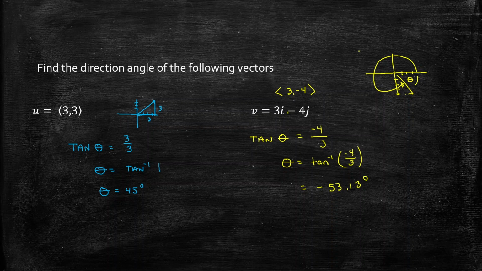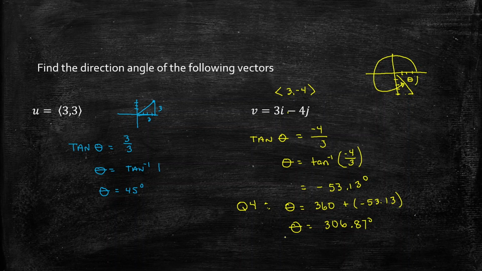Now, because I'm in quadrant 4, and you can just write Q4 to show what you're doing here, theta equals 360 plus negative 53.13. So my theta then is a positive 306.87 degrees. Don't worry, you will get used to that. Don't panic on that one.